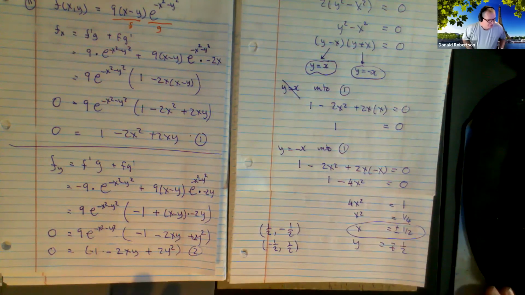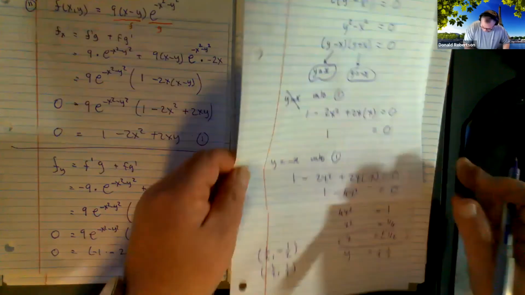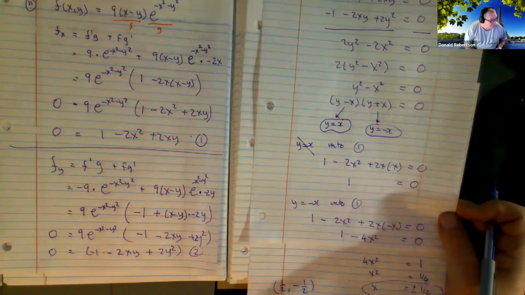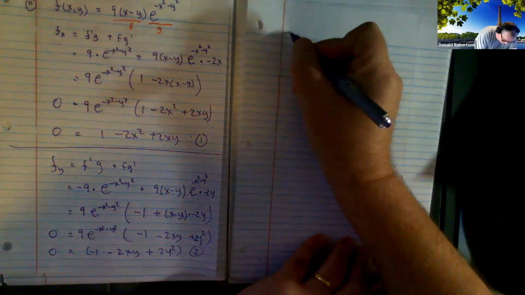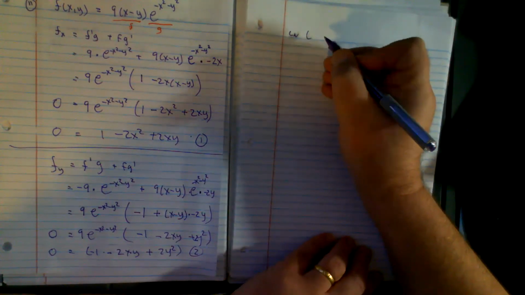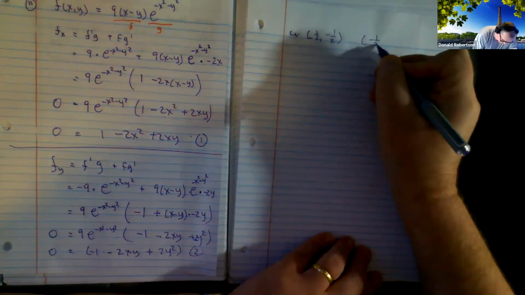Okay, we're good. So I'm sure there are more algebra ways of coming to the same conclusion, but if you do it properly, that's the conclusion you're going to get. So we now have two critical numbers, and they are 1/2, negative a half, and the other one basically switches places.